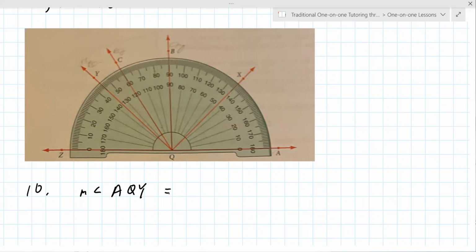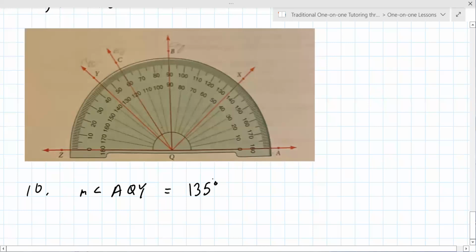It's 135 degrees. Yeah, I agree. It's 135, and then you gotta have that degree symbol there.